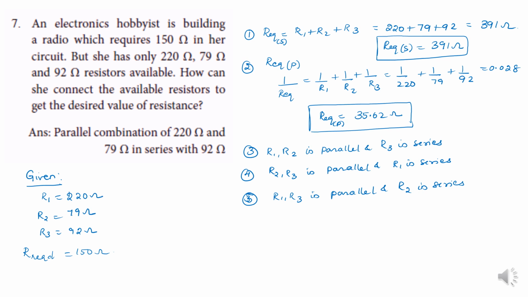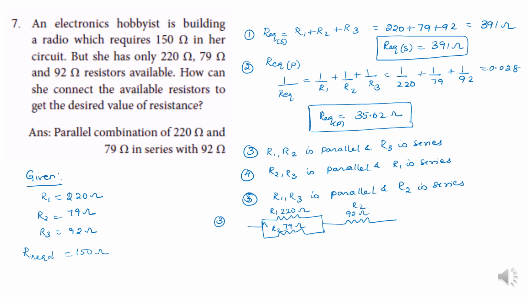So we'll start with third one. Let this be R1 and R2. These are connected in parallel and this is connected in series, okay. This is 220 ohms, this is 79 ohms and this is 92 ohms. So these two R1 and R2, this is R3.